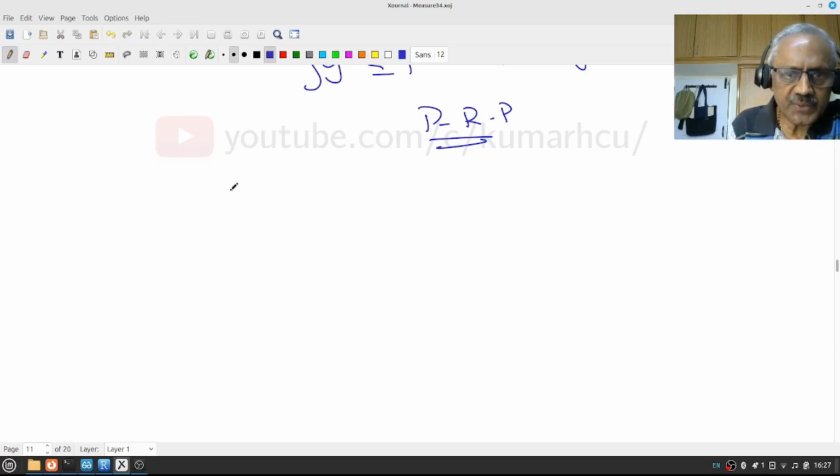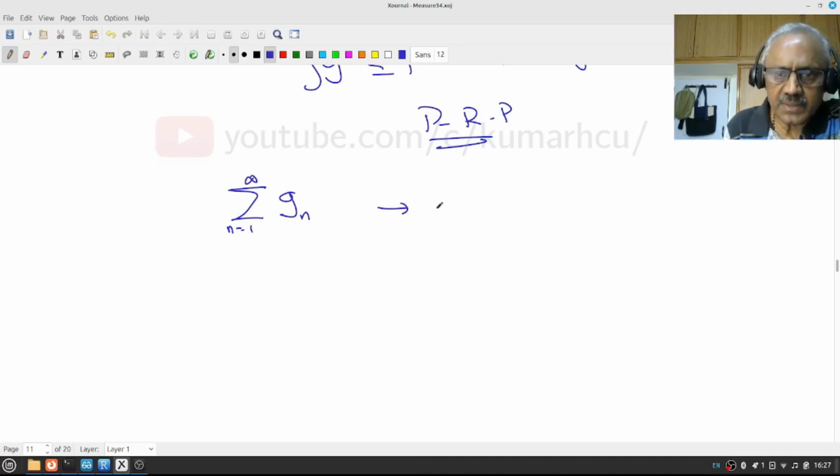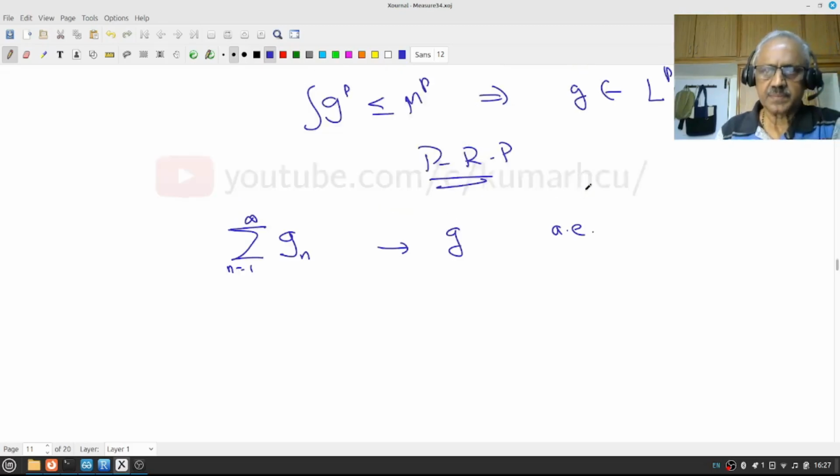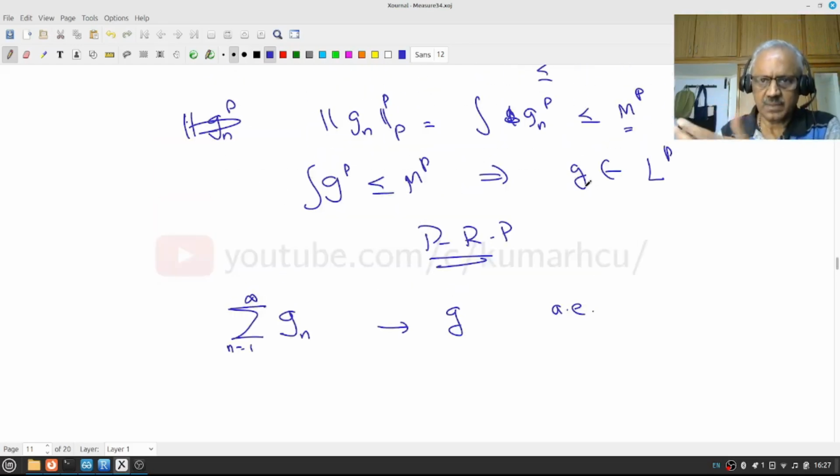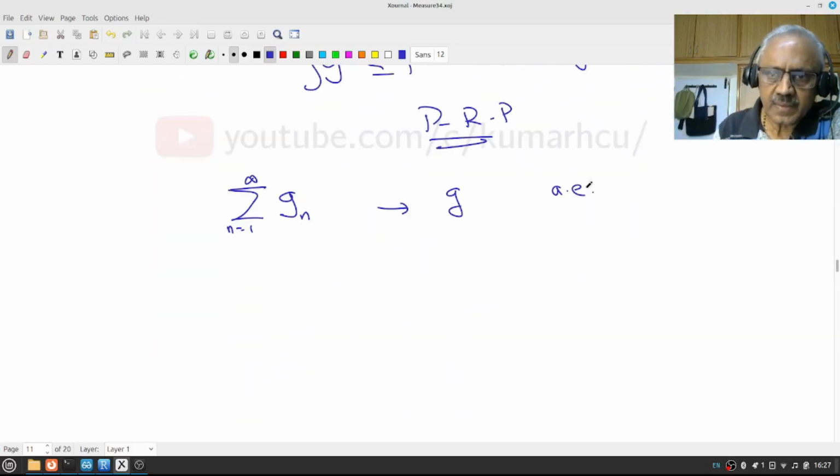So what you have shown is my Gn, n equal to 1 to infinity, converges to G almost everywhere. But what is this?